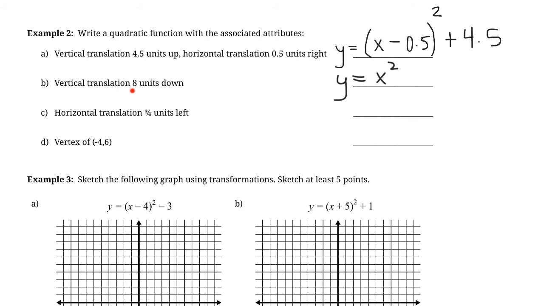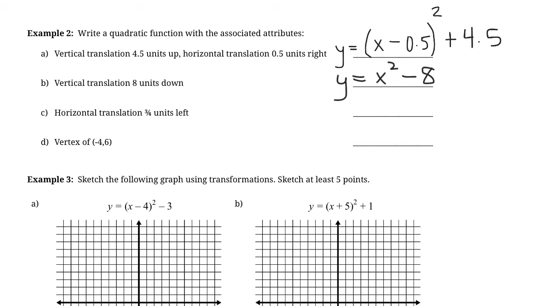We happen to be shifting this parabola 8 units down. So down implies that we need to put in a minus sign, and the value or the number of units would be 8. So the equation would be y equals x squared minus 8.